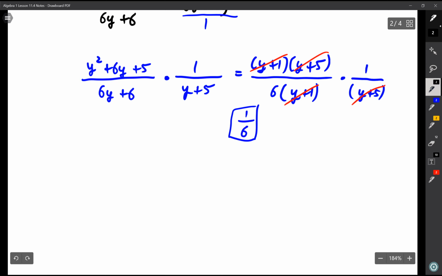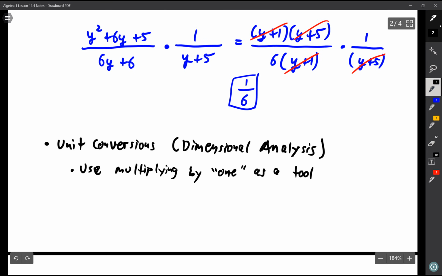There are a couple things that we use. We'll say use multiplying by 1 as a tool. So what do we mean by multiplying by 1? Anything where what's on top equals what's on bottom. So, for example, I can say 1 week is 7 days.